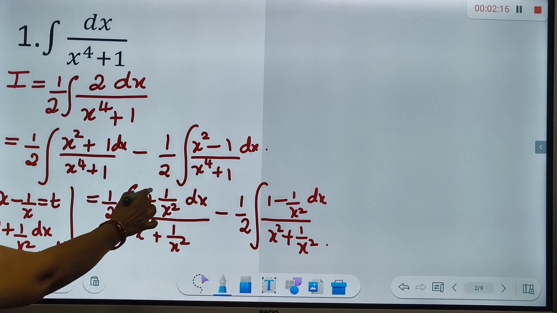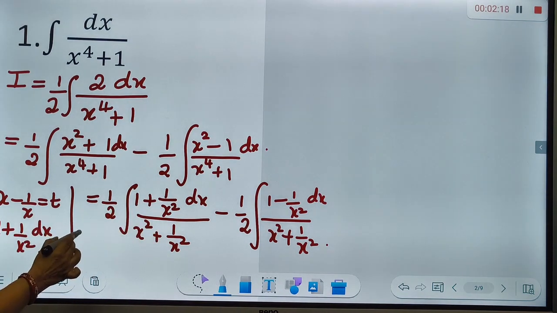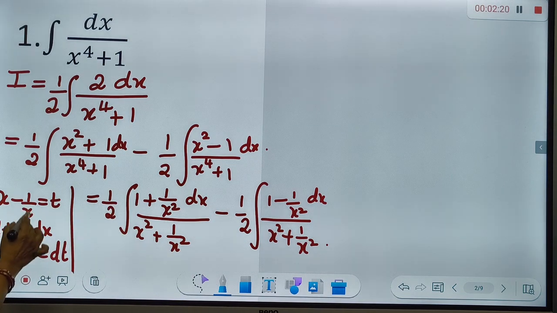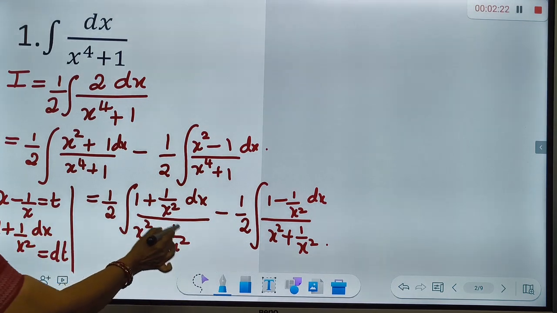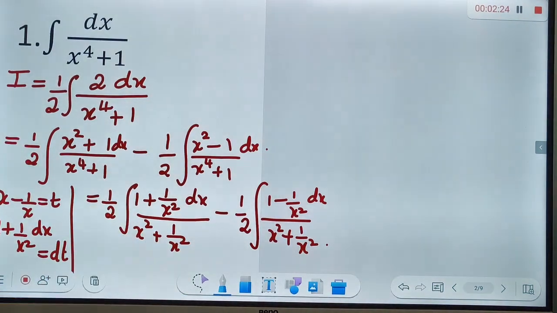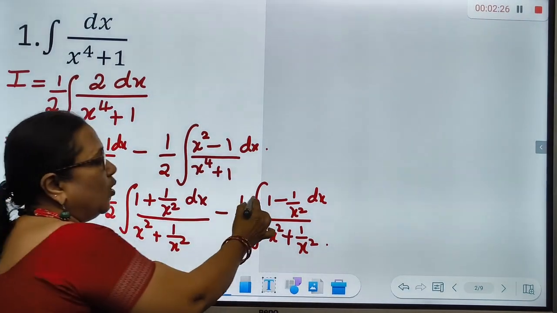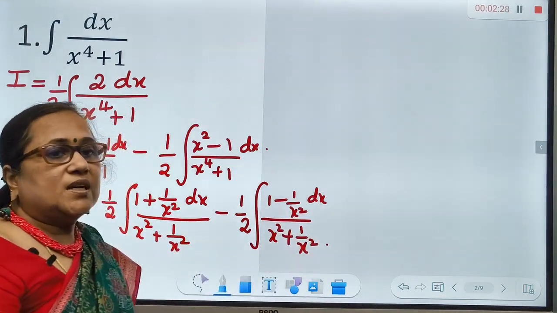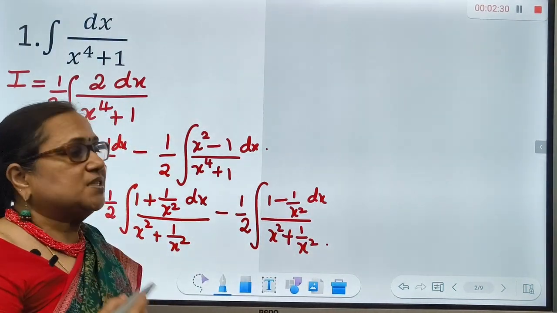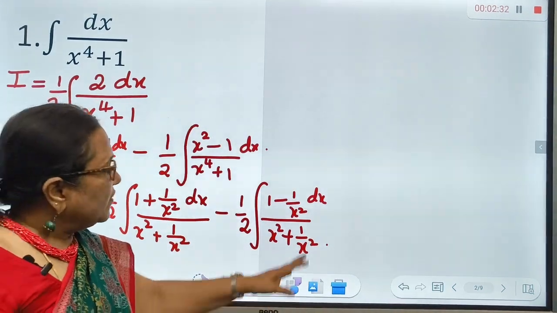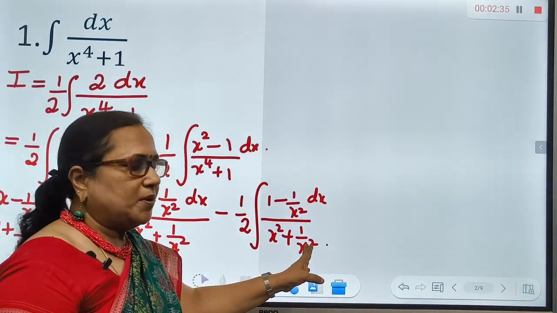So 1 plus 1 by x square is the derivative of x minus 1 by x, so I have to write this one in terms of x minus 1 by x. 1 minus 1 by x square is the derivative of x plus 1 by x, so I'll rewrite this in terms of x plus 1 by x.